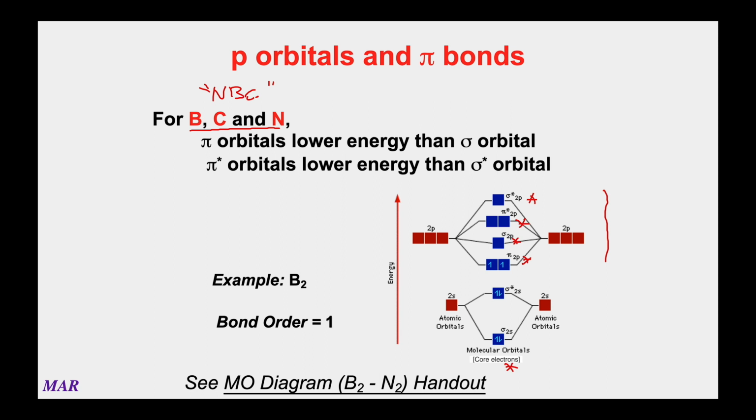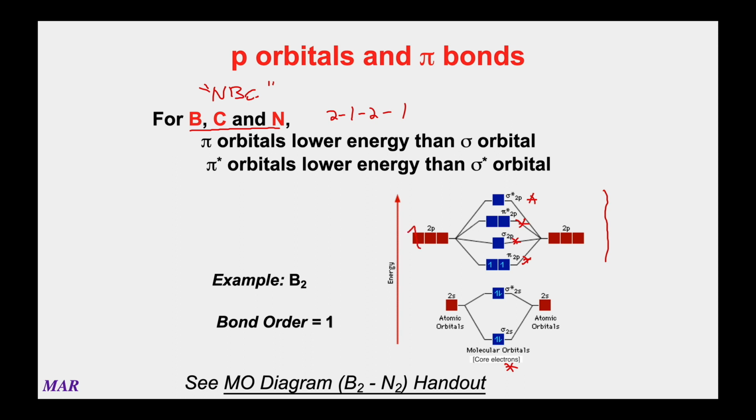So the pi's get filled in first, and then the sigma, then the pi star, sigma star. I'm going to refer to this sometimes as a 2-1-2-1 diagram because the 2 pi's are filled in first, followed by the 1 sigma, then the 2 pi star, then the 1 sigma star.